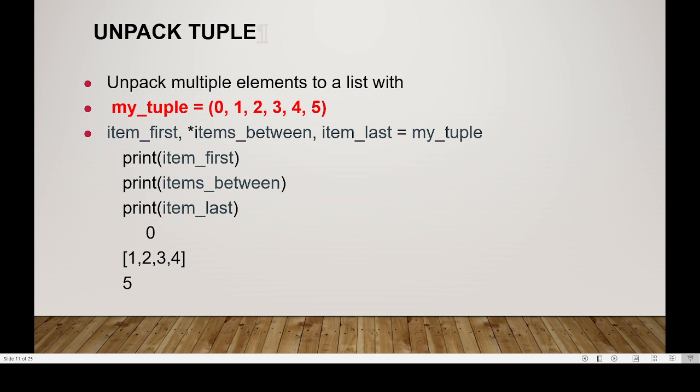Tuple elements can be extracted using the unpack option also. If I write variables on the left side of the equal to sign, it will assign the unpacked values to those variables.